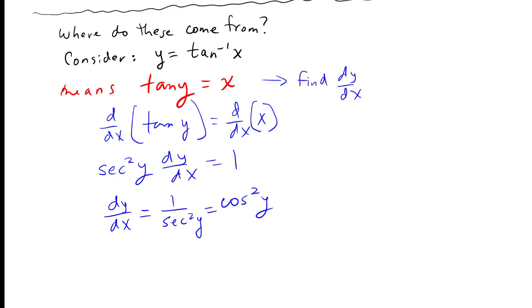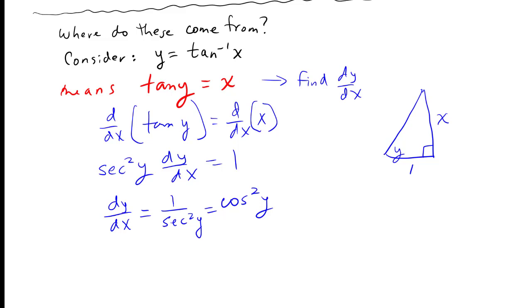So now if we actually think about a right triangle, then we see what we're talking about when we say that tan y is x. Think of this as a right angle, and let's think of this angle as y. Tan would be, SOHCAHTOA, opposite over adjacent. So tan y is x, so we could do x over 1.